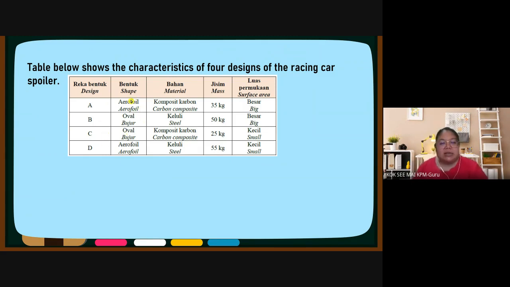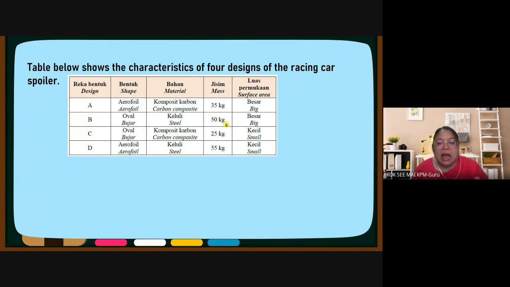See this part. I give the characteristic. For example, I want aerofoil, and then you give the reason. So aerofoil, 1 mark, reason, 1 mark. Second one, material. Maybe you want steel, so you say the material, I want steel, then you give the reason. Another 2 marks. Mass: this one is a number, and normally we do not mention the number.